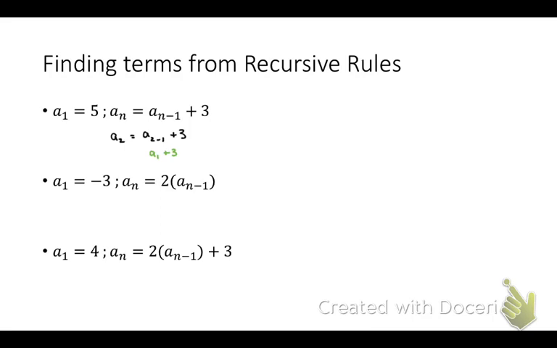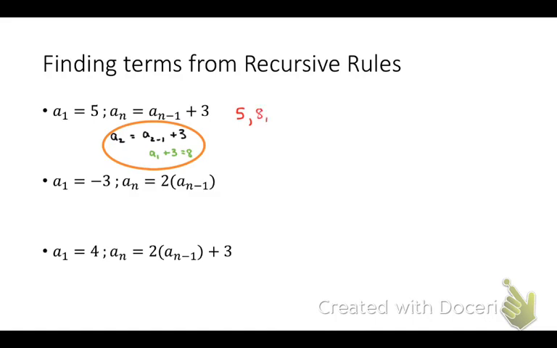Realistically, you're not going to do all of this to say, hey, it's 8. What are you going to do? You're going to start with 5, and then you're going to add 3 to it. So as far as if I would find the terms, I would just basically say, starting with the first term, the first term is 5, I add 3 and I get 8.